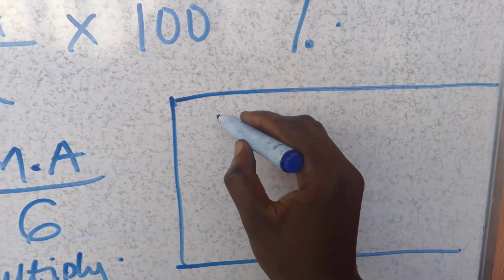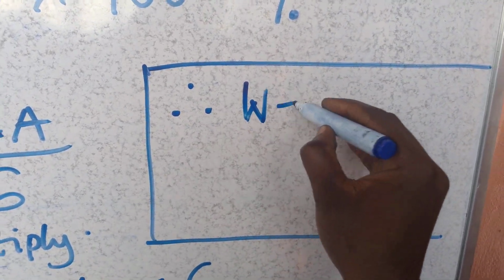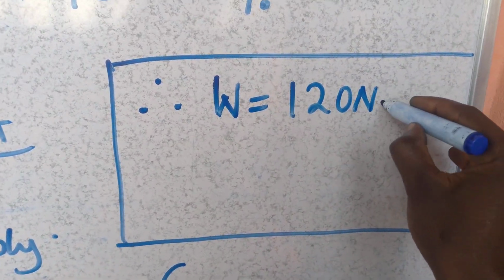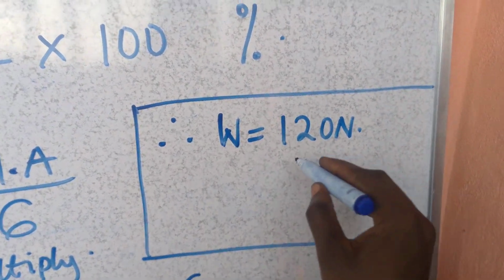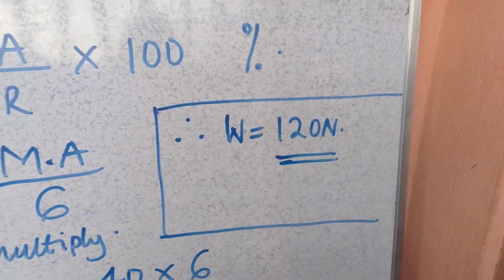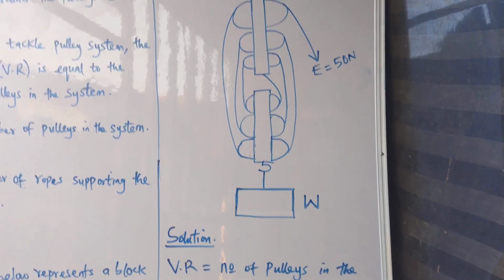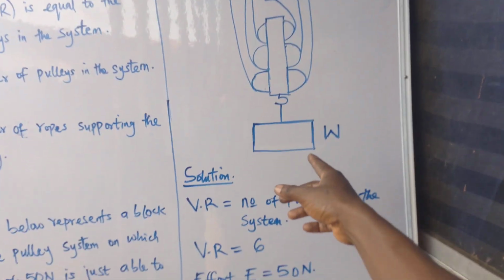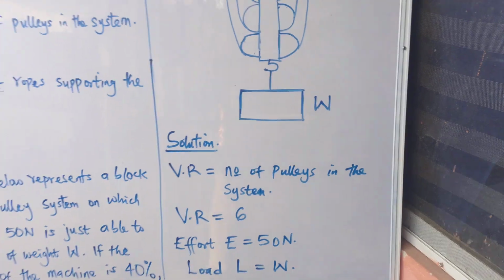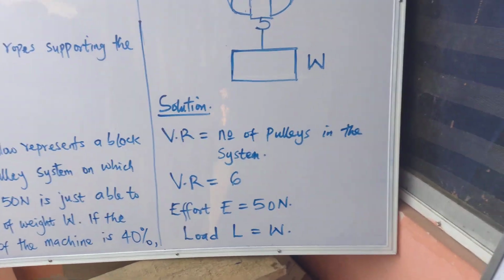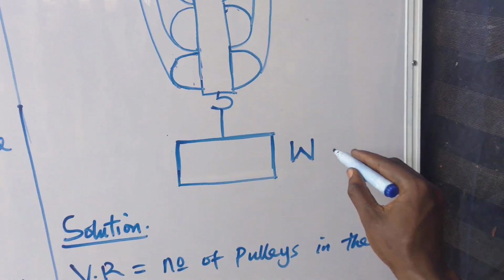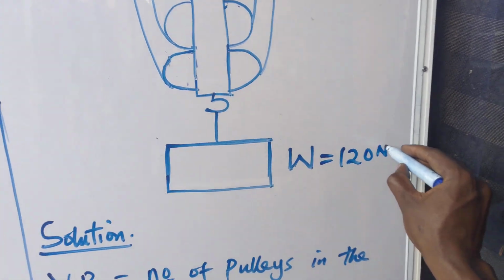Therefore W is equal to 120 Newton. That is the weight of the block, which is W.